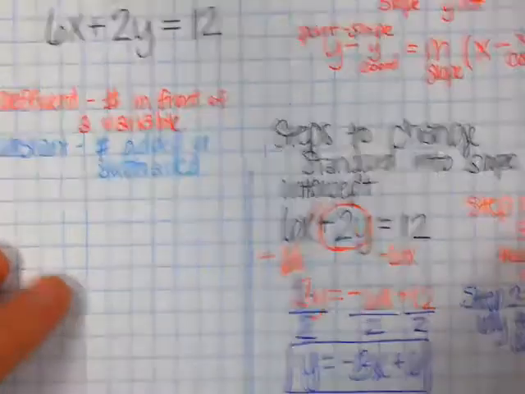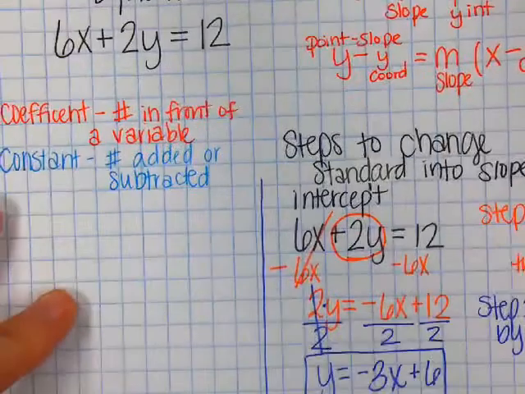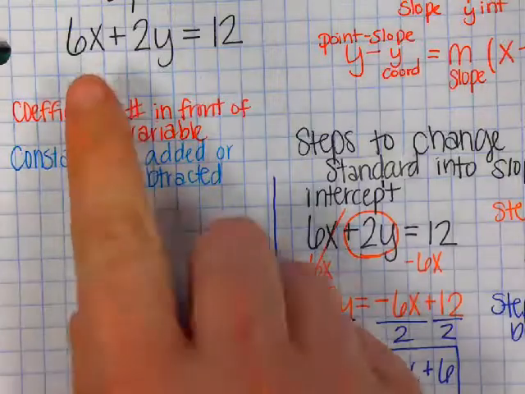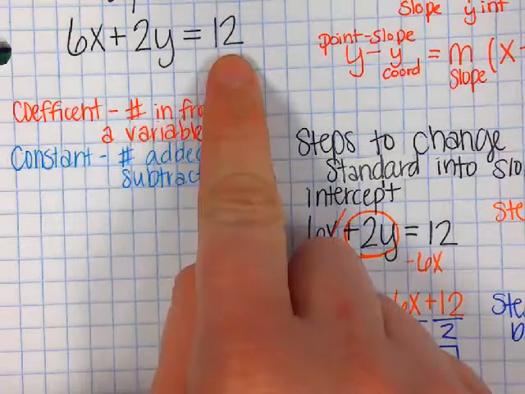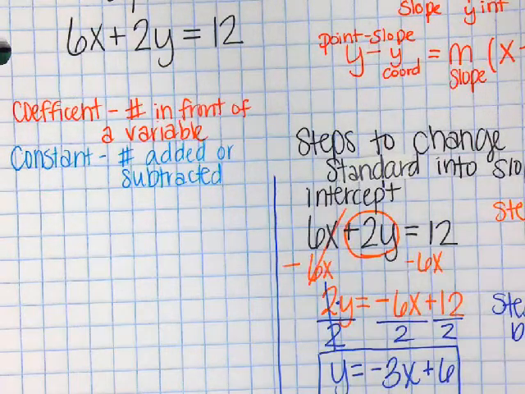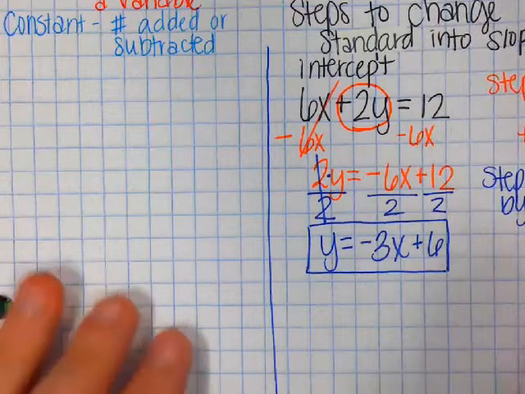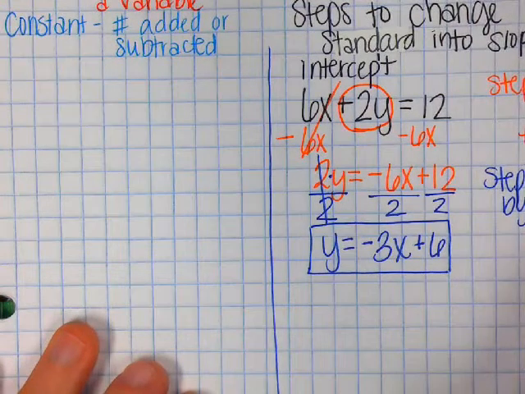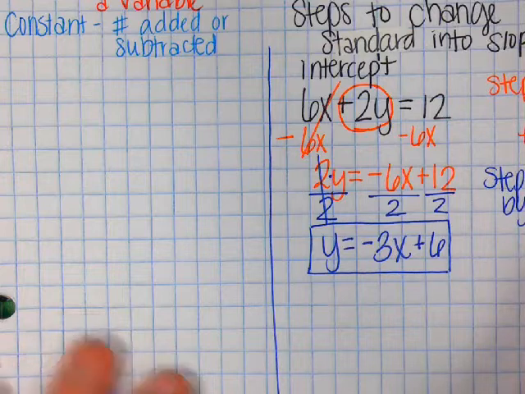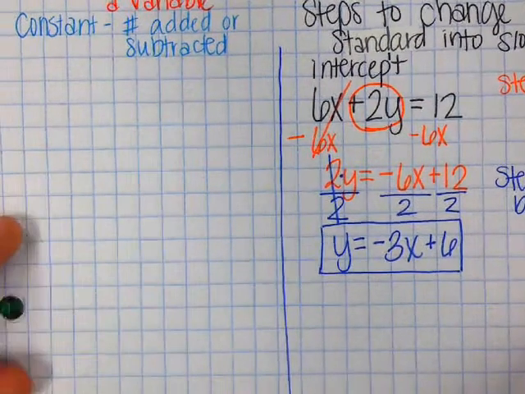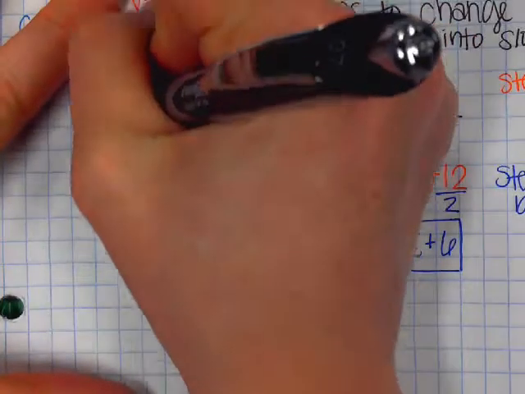Now, one of the biggest questions I usually get is why do we have to use all of these forms? So 6x plus 2y equals 12. I'm going to graph it now that we have y equals negative 3x plus 6, but I don't actually have enough room.